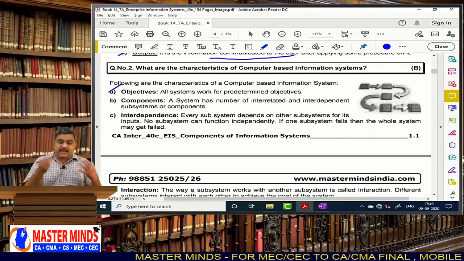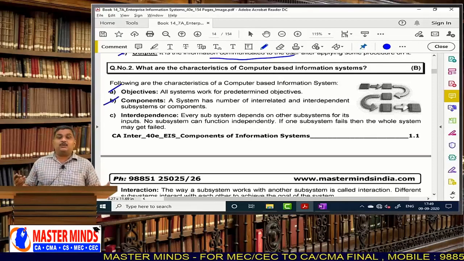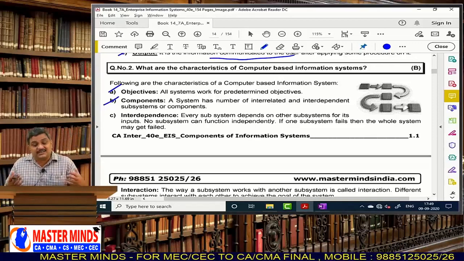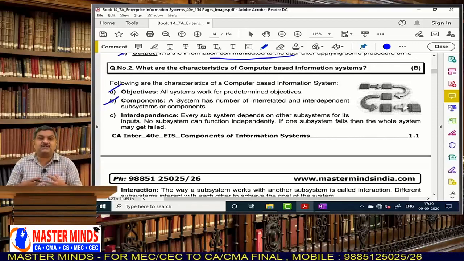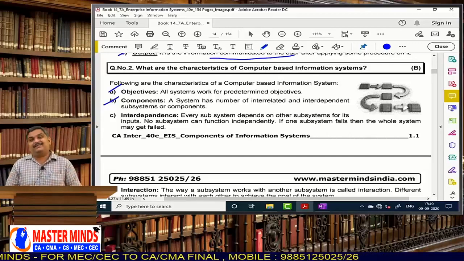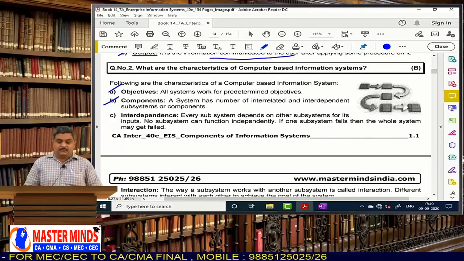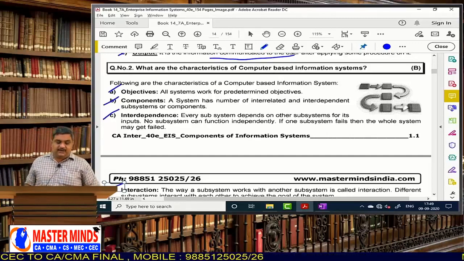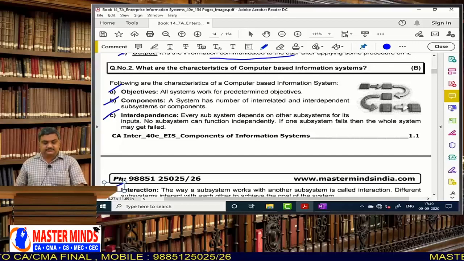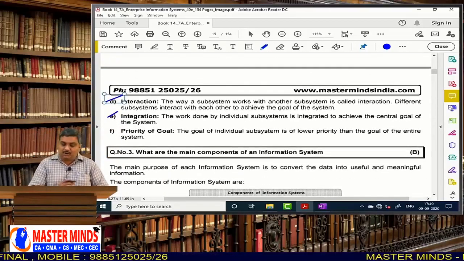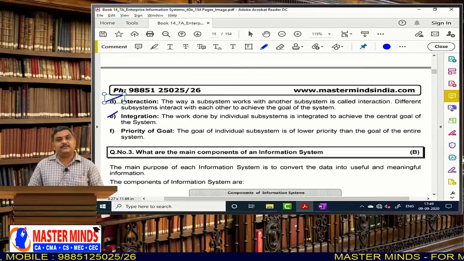And every system has components, that already we know. In the definition of the system itself, we came to know that a system will have a lot of components put together which work in a mutual manner. Okay, that already we know. And there is interdependence, interaction, okay, and integration among all those components.